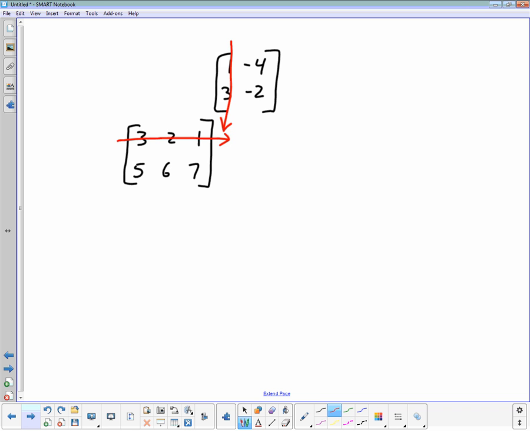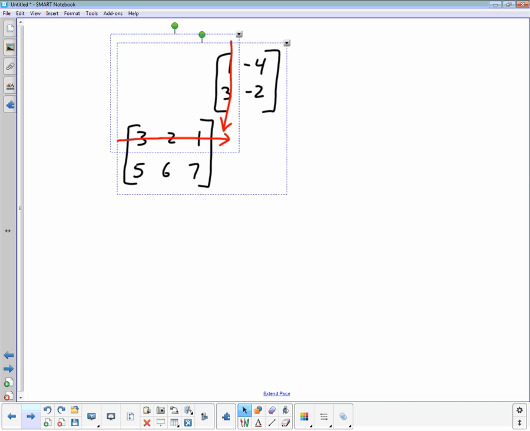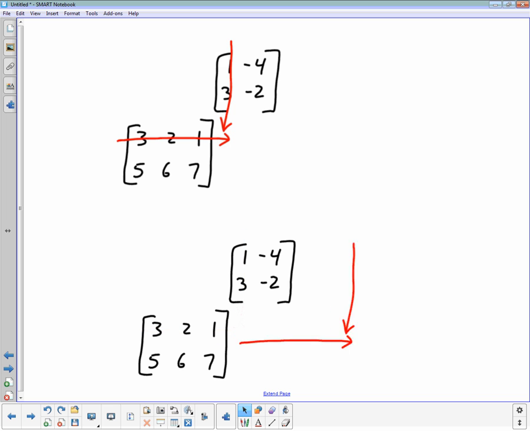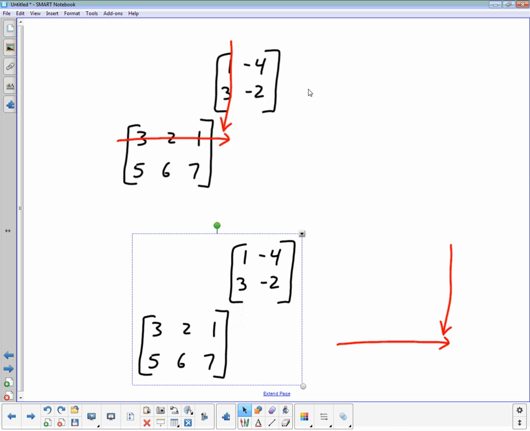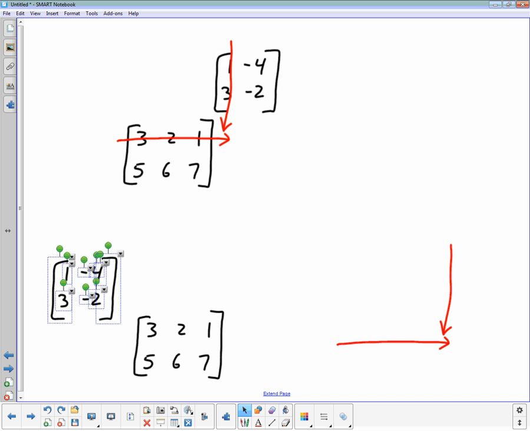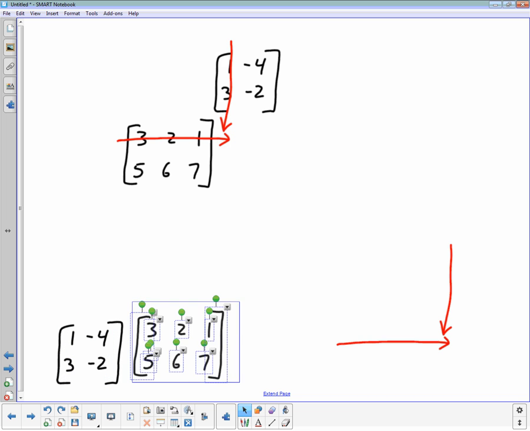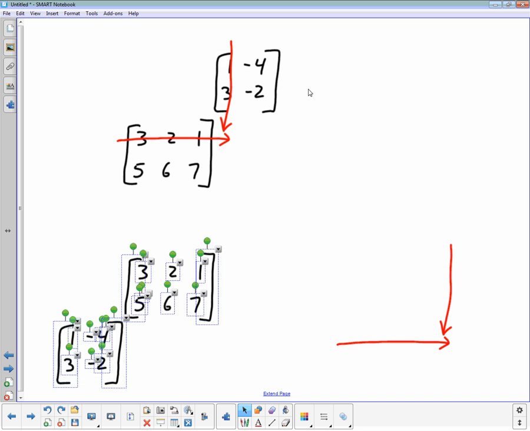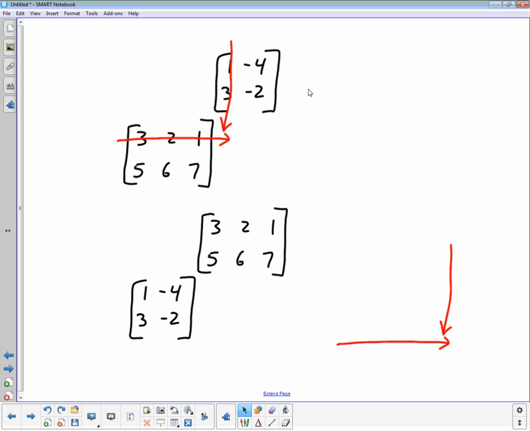However, let's see what happens if we try to do it in reverse. Does it play?